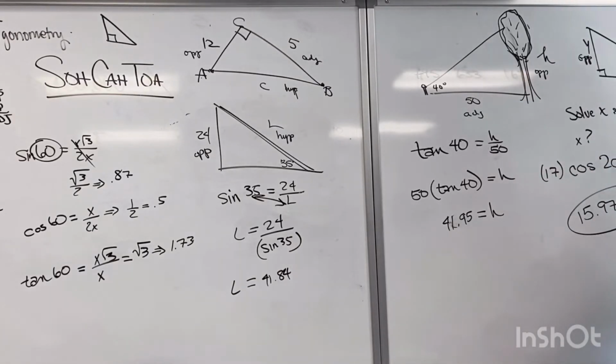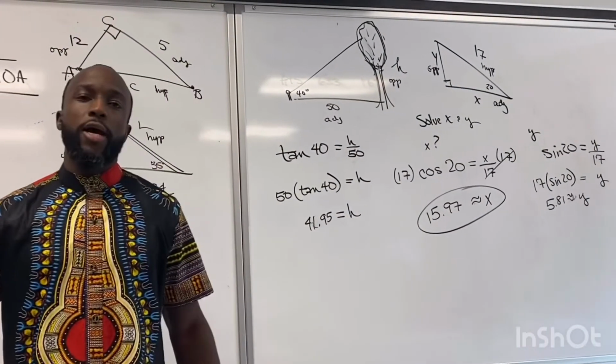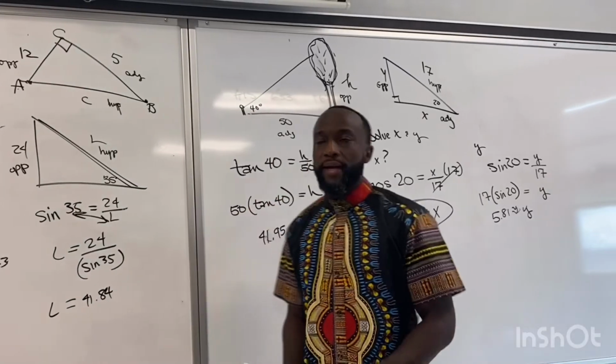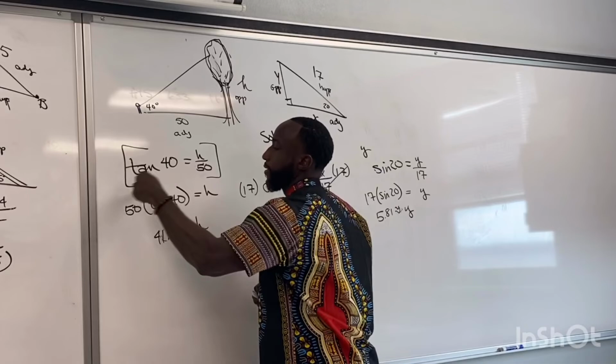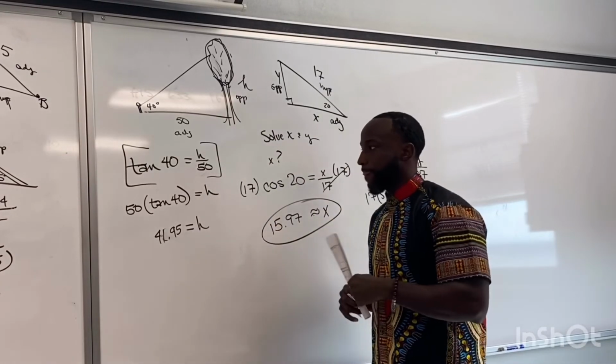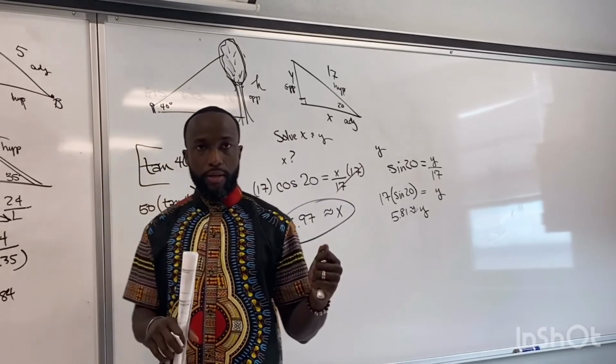So when you're solving for the missing side, you want to always find out the portions of the triangle first, and then write out your ratio and solve. Any questions? No? Alright.